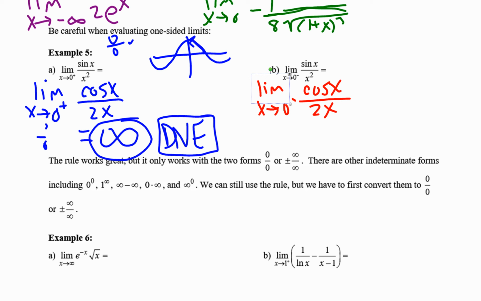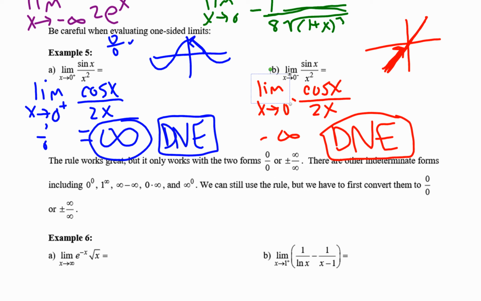So we would get cosine of 0 is 1 over 2x. And just to think about that, 2x, remember, looks like this. So this is a negative value as we approach 0 from the left. So technically, it would be negative infinity, but remember, we can just put DNE. So either of those answers are fine.